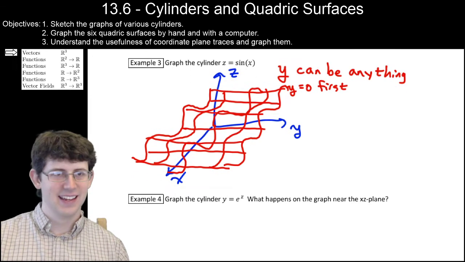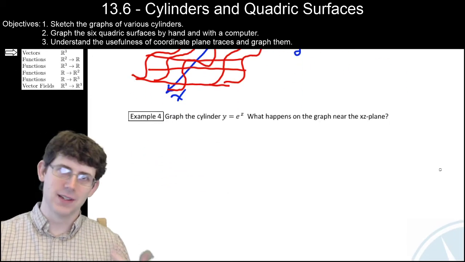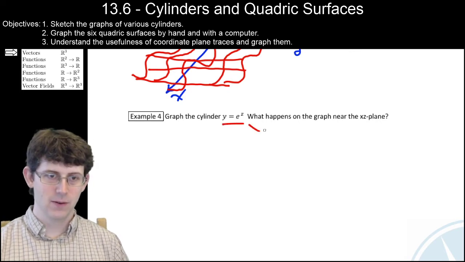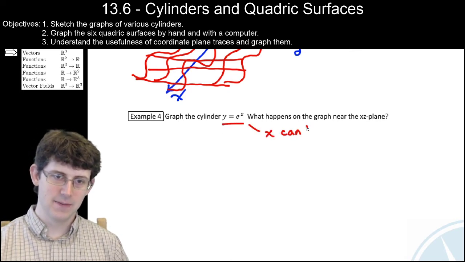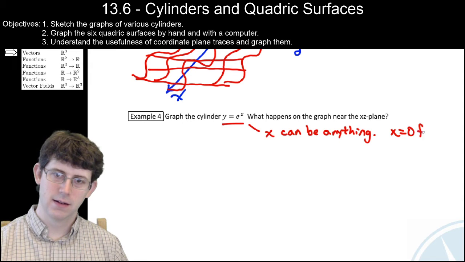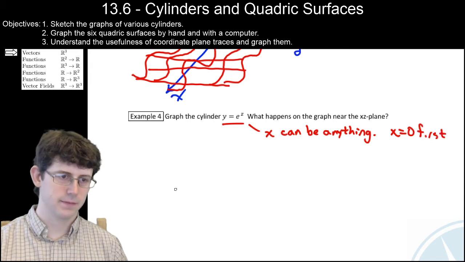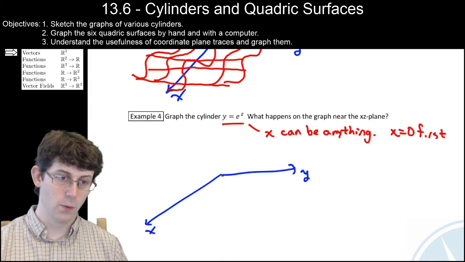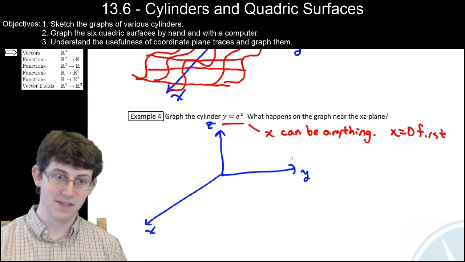Okay. I'll do one more by hand, and then we'll look at a couple of them drawn by a computer. So how about y equals e to the z? Y equals e to the z, x can be anything. So I'll do x equals 0 first. At x equals 0, we're in the yz plane, so I'm just in the plane of the paper.